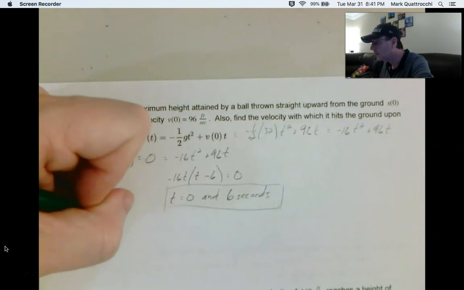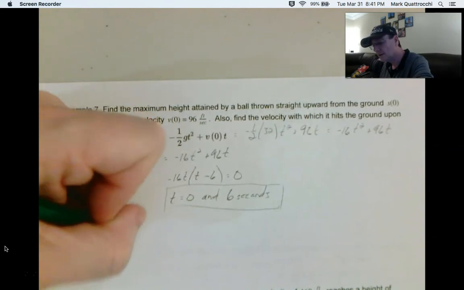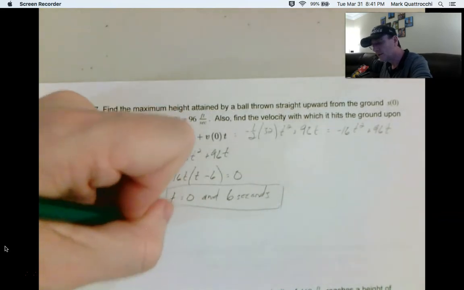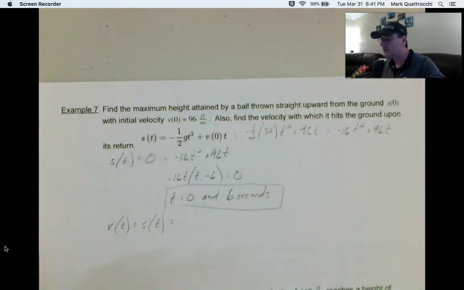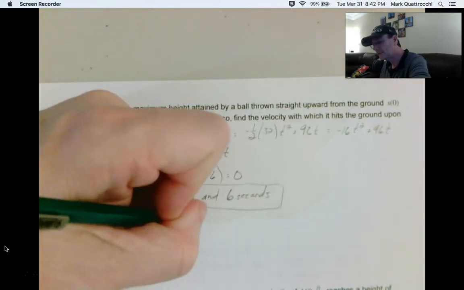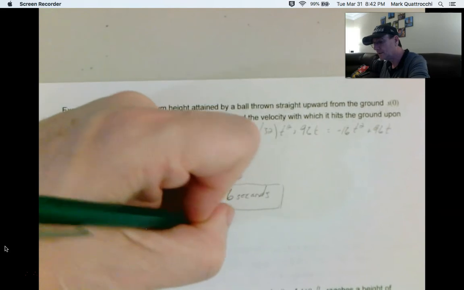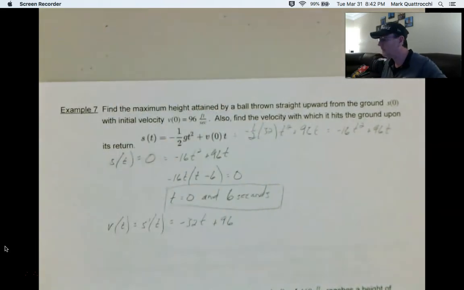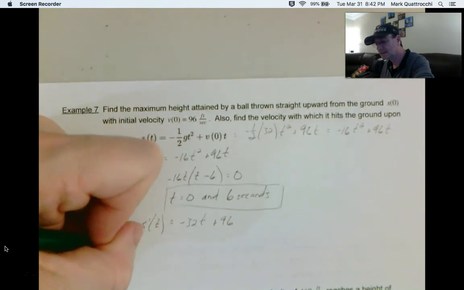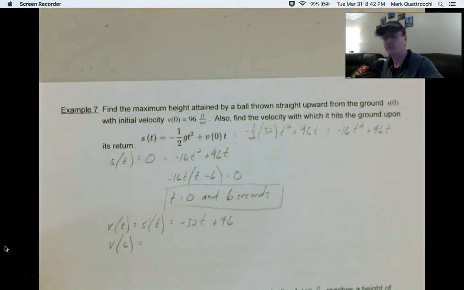V of t is equal to s prime of t, which is equal to derivative of this, negative 32t plus 96. And we want to find v of 6 seconds when it hits the ground.